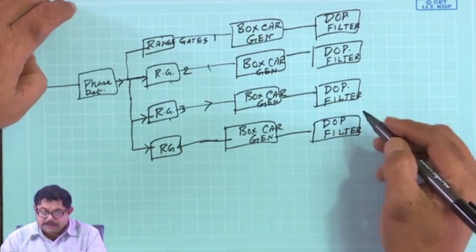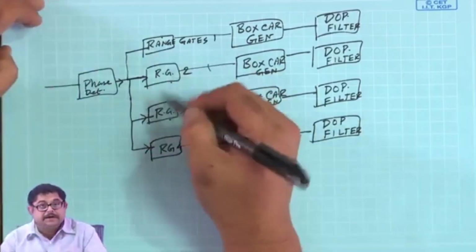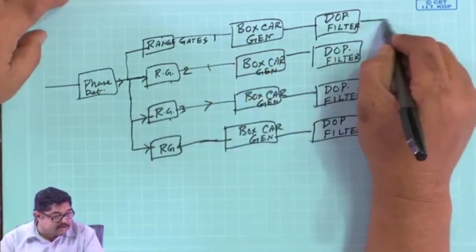That is why this is possible. Also, this range gating in high speed cases should be very fast electronics.